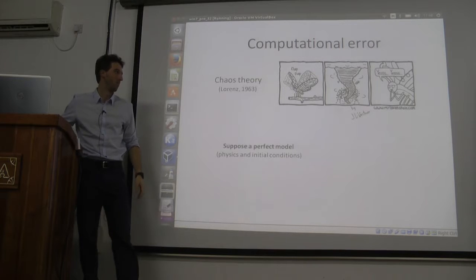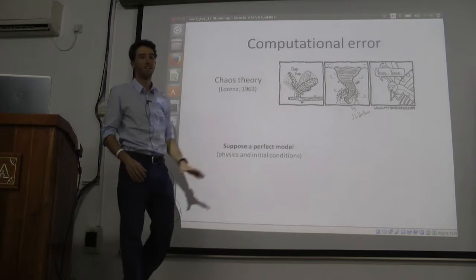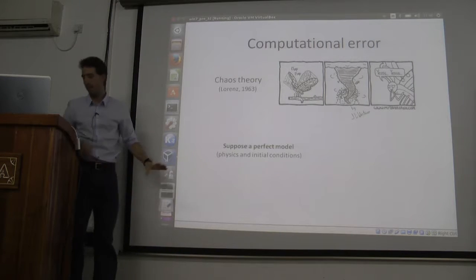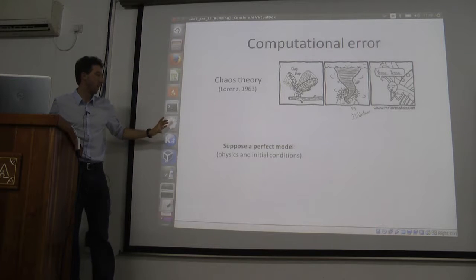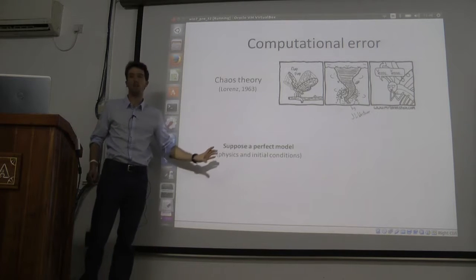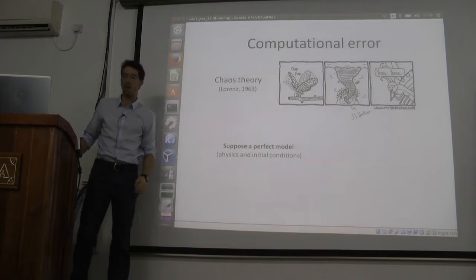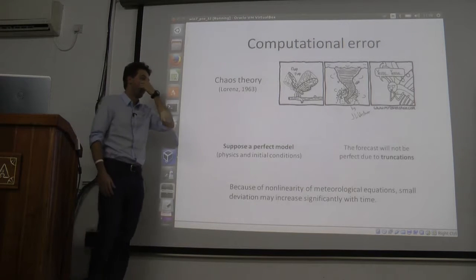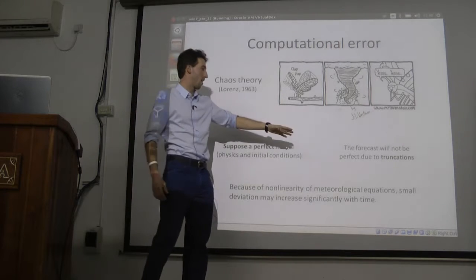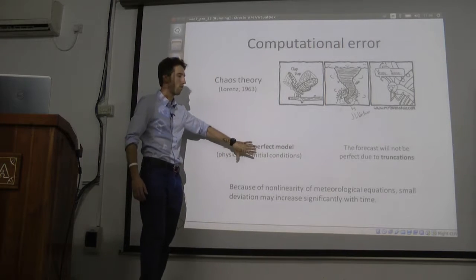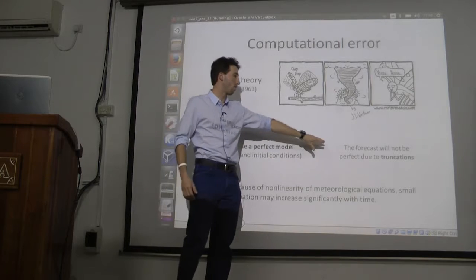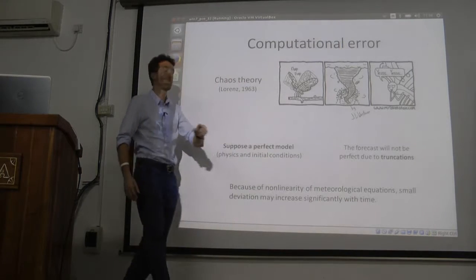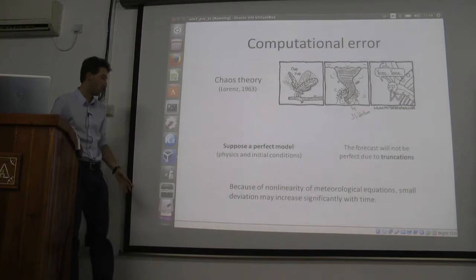And well, it's not really like this, but the idea behind is that let's suppose a perfect model in terms of physics and initial conditions. Although it's a perfect model, we see that the forecast will not be perfect due to truncation errors.